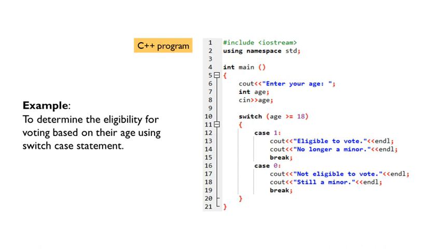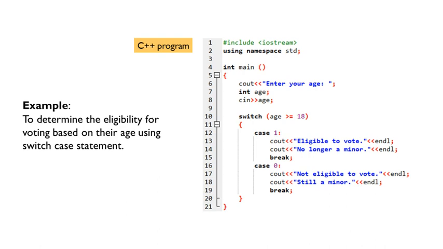As you can see in line 10, I use a logical expression to check whether the person is eligible to vote or not. If age is greater than or equal to 18, then they are eligible to vote. As you can see, I put the case 1. 1 here indicates the value true, meanwhile 0 indicates the value false.